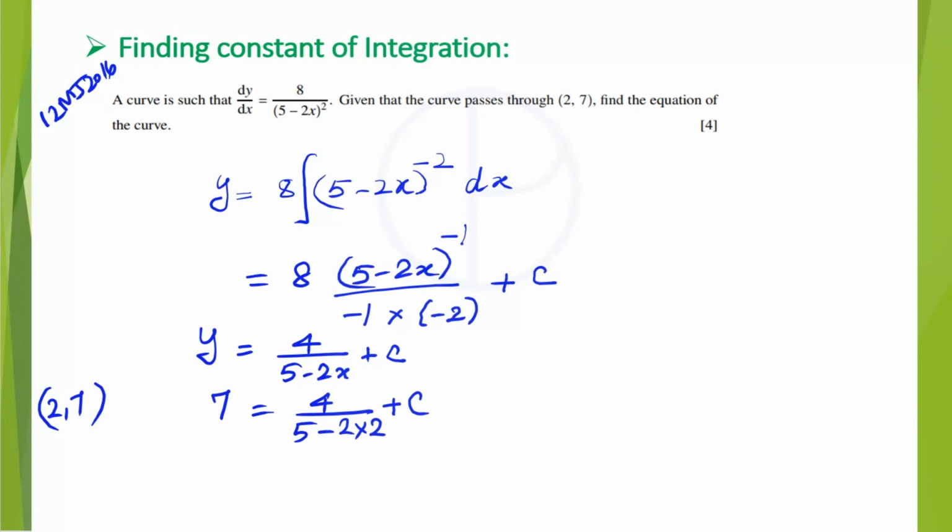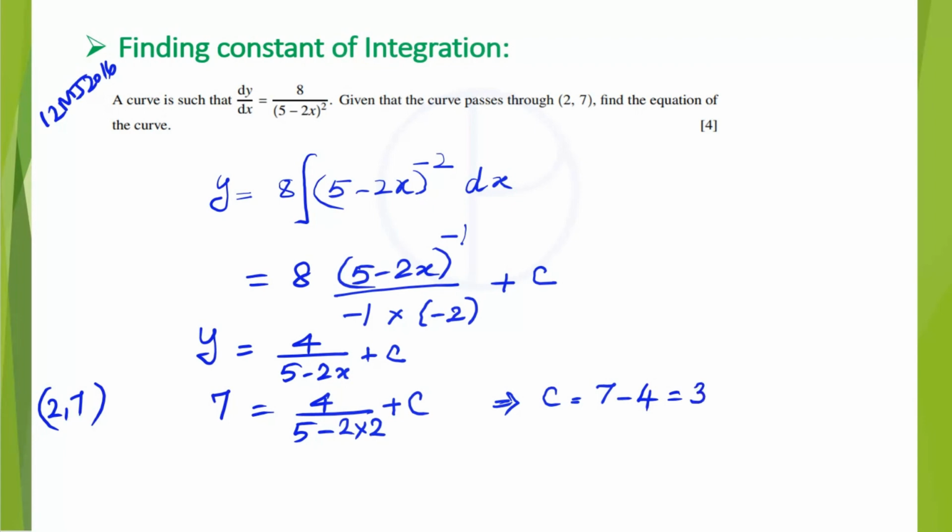So 4 divided by 1 gives 4. 7 minus 4 will be 3. So this gives c is equal to 7 minus 4, which is equal to 3.